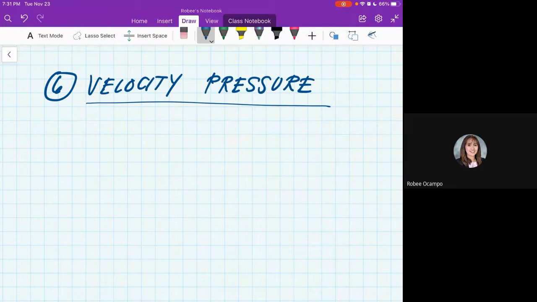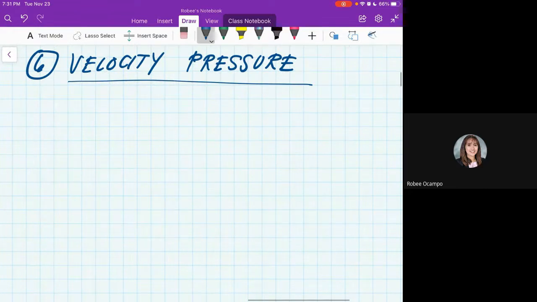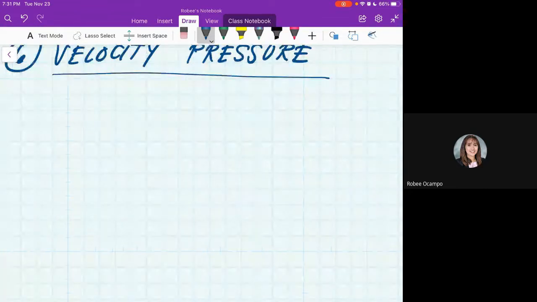So yung ating velocity pressure exposure coefficient KZ, we can determine that from table 207D.3-1 by interpolating. Okay, so we're going to interpolate the values for our velocity pressure exposure coefficient. So I'm just going to write this down para mas mabilis tayo.